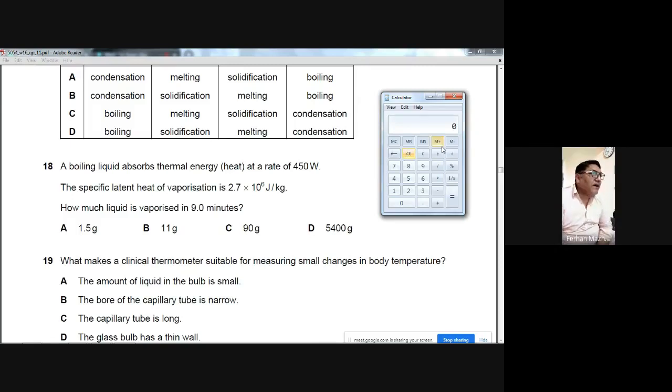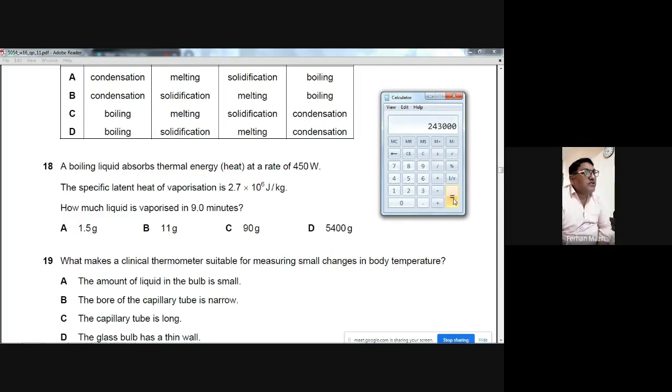So the power is 450 and the time is 9 minutes, but we don't take the time in minutes. So I will multiply by 9 and also by 60, because I am taking the time in seconds. This is the amount of heat absorbed by that liquid.